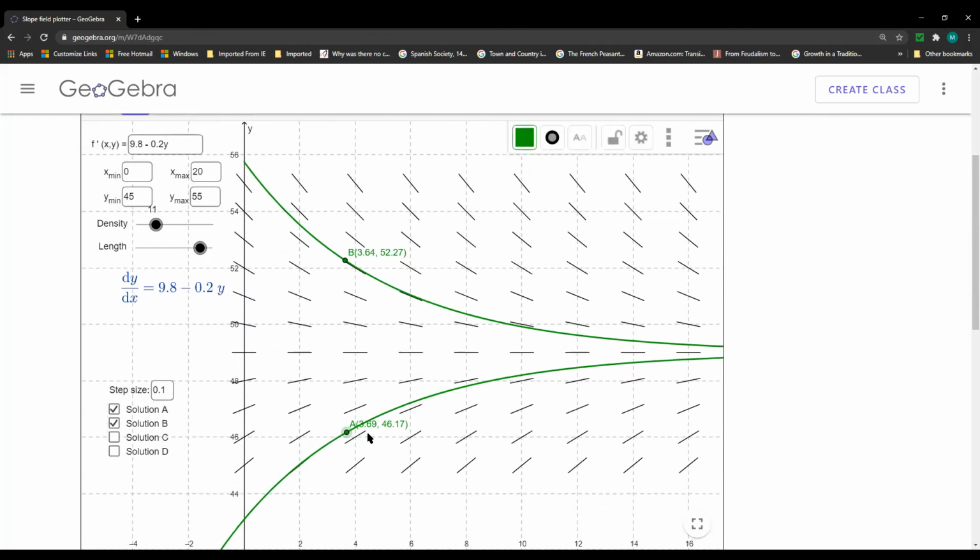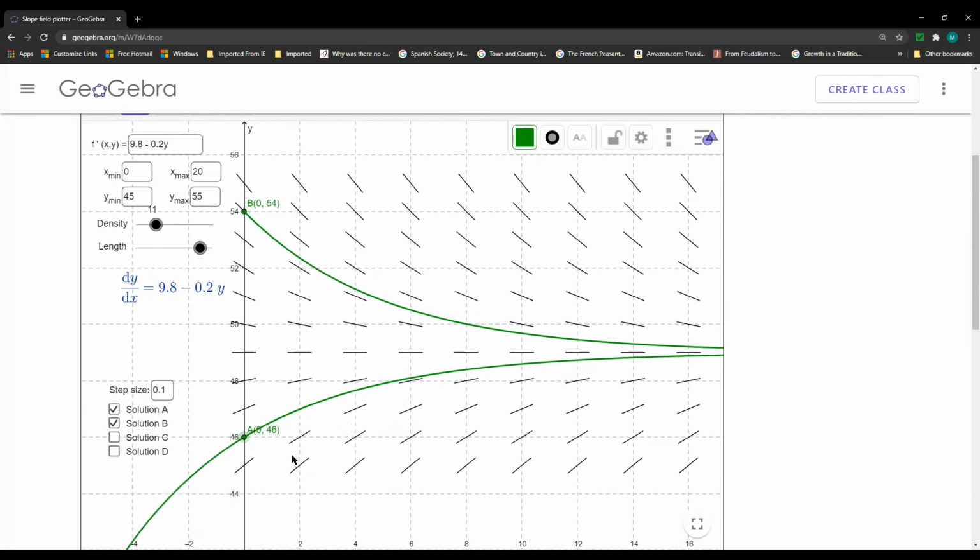And so what we can see is some different behavior for the function that would solve the differential equation based upon the starting point. So if we started at 54 velocity, then the velocity slowly decreases until it approaches some value. And if we started with 46 for the velocity, it slowly increases.